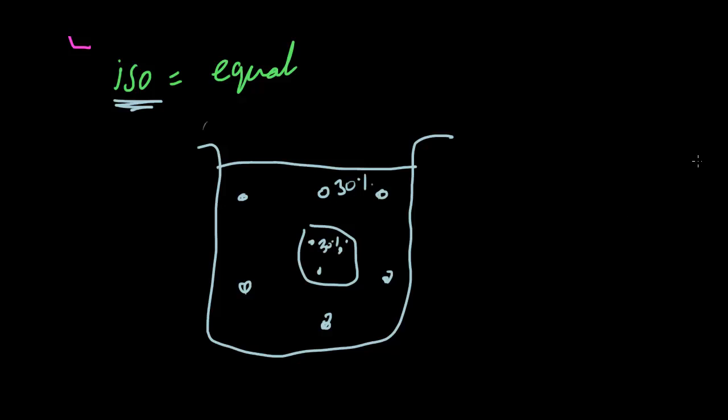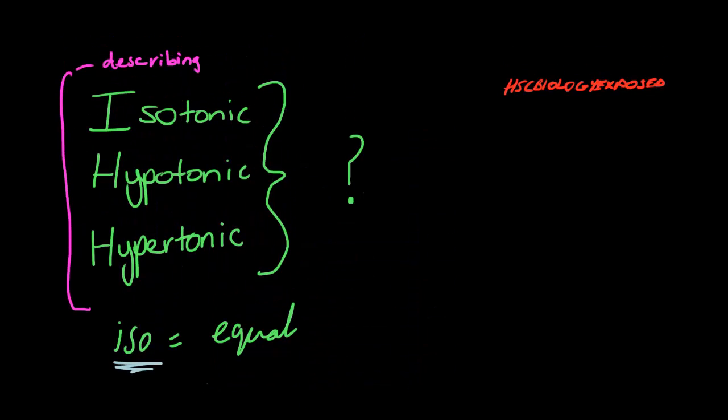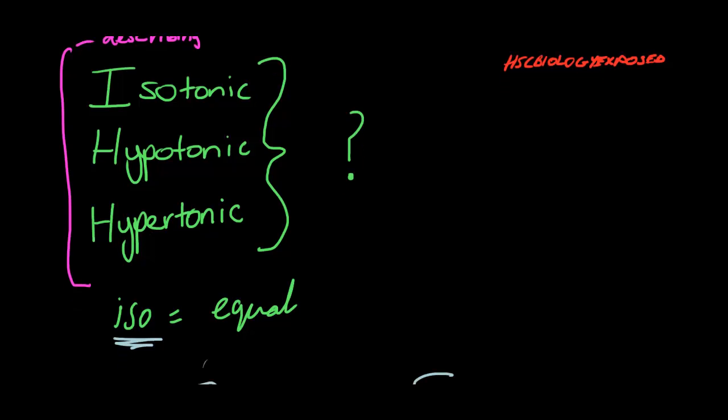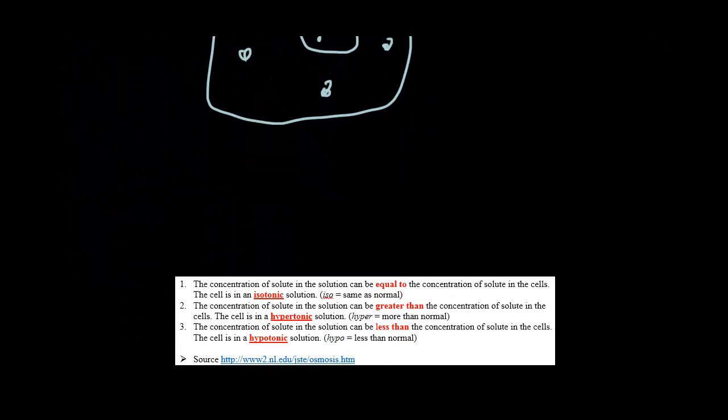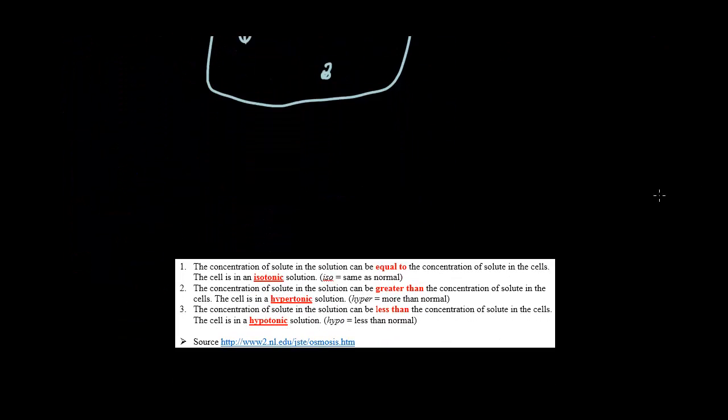Okay, so now we go to the trickier ones. We have hypotonic and hypertonic. I'm just going to bring across something I got off a really good website. It describes hypertonic solutions as: the concentration of solute in a solution can be greater than the concentration of solute in cells.